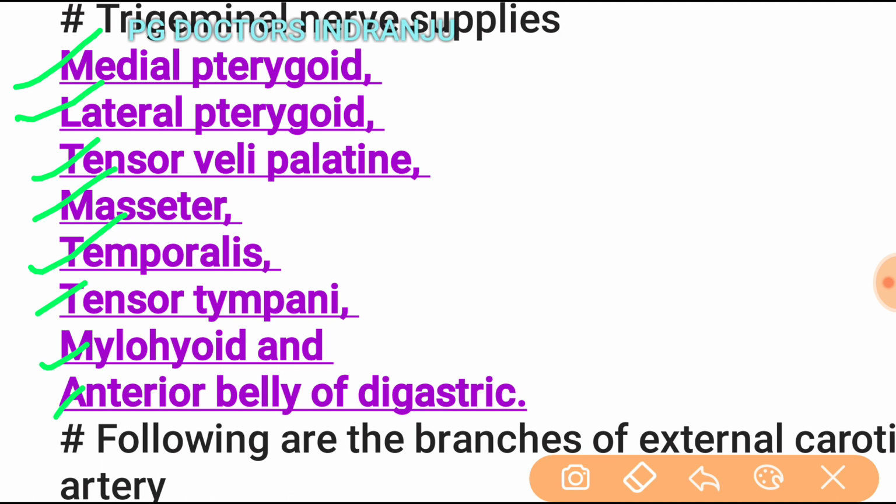In most of the parts, the muscles start with T, so the pronunciation of T is in most of the muscles like pterygoid, tensor veli palatini, masseter, temporalis, tensor tympani.